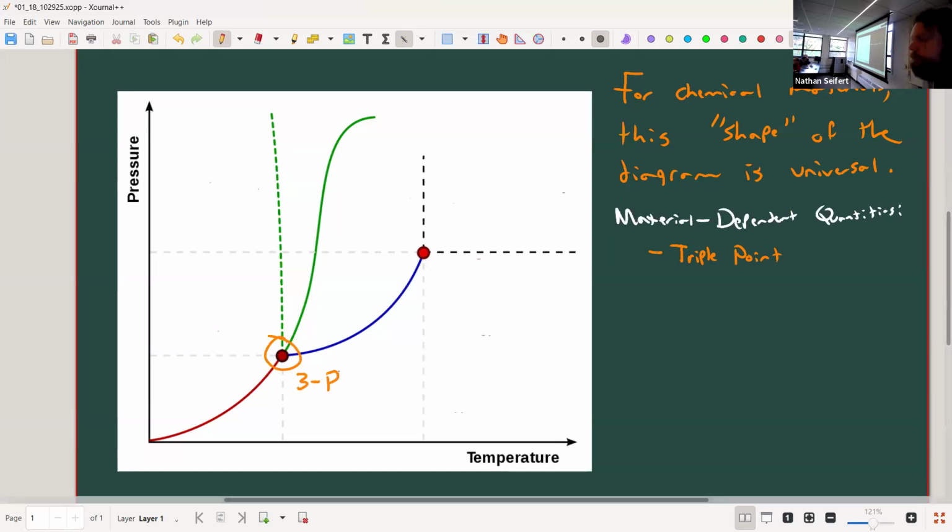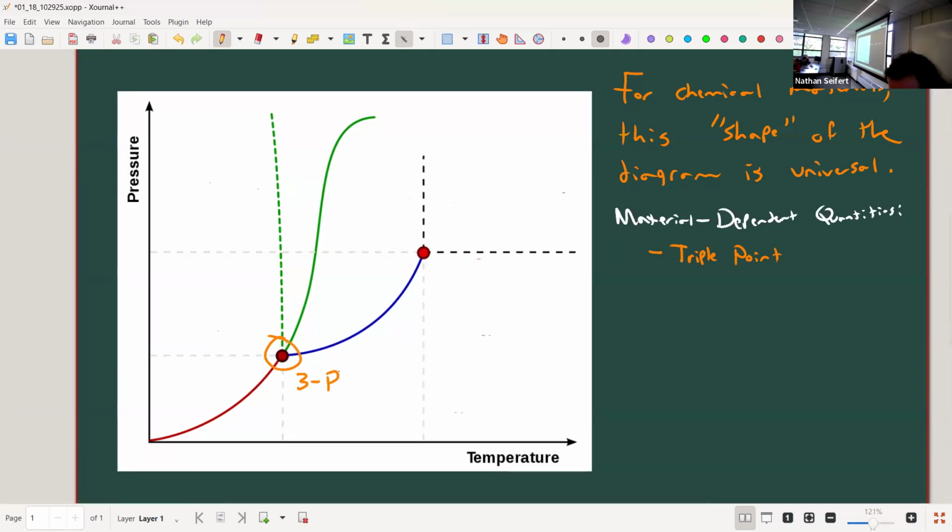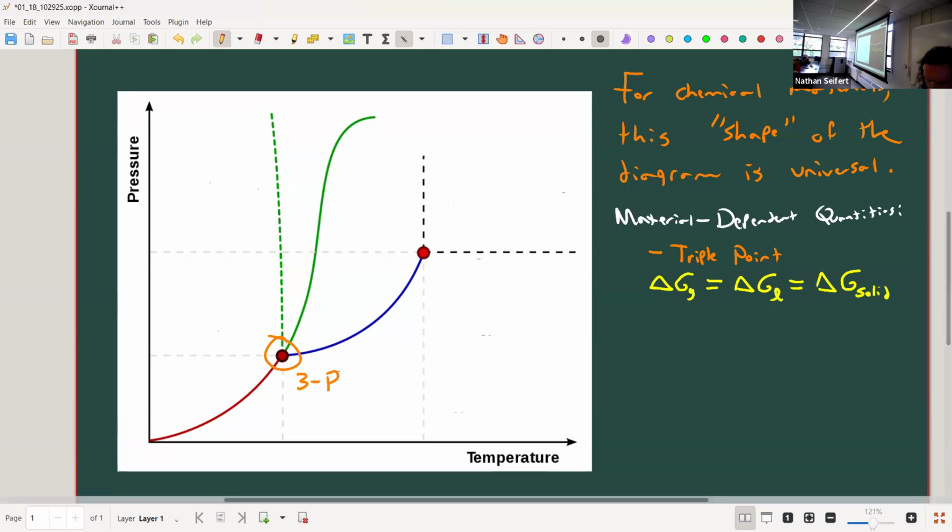I'll call it 3P, the triple point. The definition of the triple point is that the Gibbs energy of the gas is equal to the Gibbs energy of the liquid, which is equal to the Gibbs energy of the solid. So they're all the same energy there. All three phases are at equilibrium.